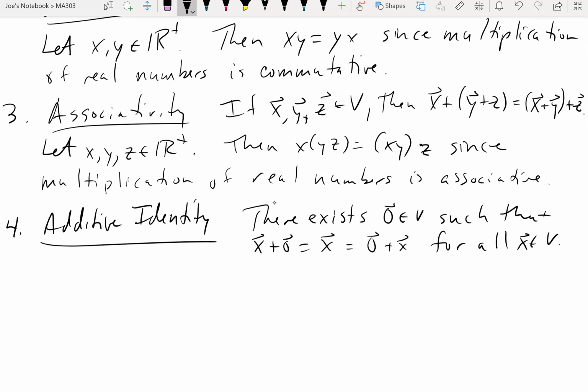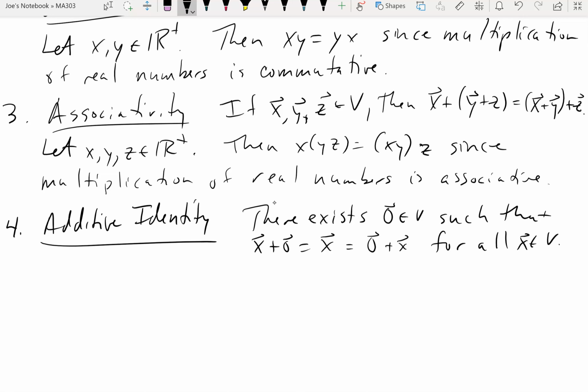For 4, you have to identify what the zero vector is. And for 5, given that you found a zero vector, you have to identify what the additive inverse of a vector is. So you actually have to make an identification relative to what the operation is that we defined.